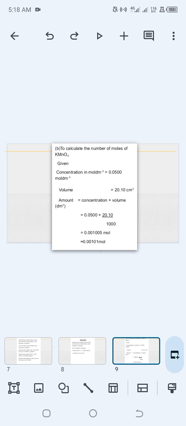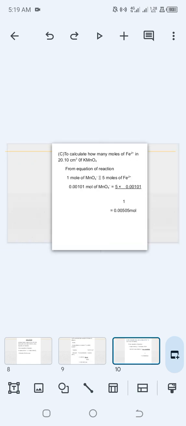Now, please, I told you remember your three significant figures. You have 0.00101 mole. That is your answer. Please take note. Amount is equal to concentration times volume in dm³. Always remember your formula. Write correct formula always.